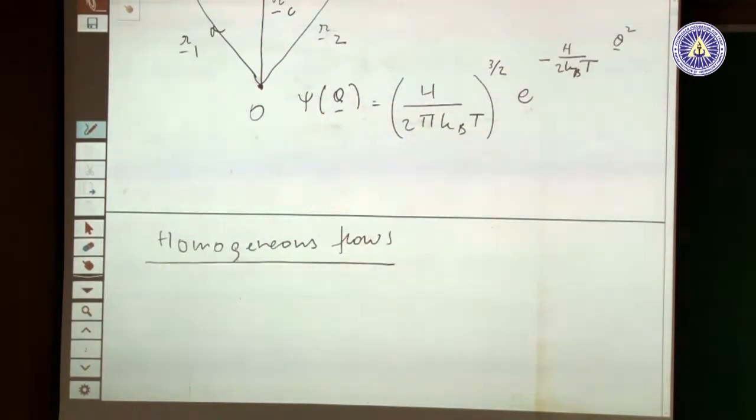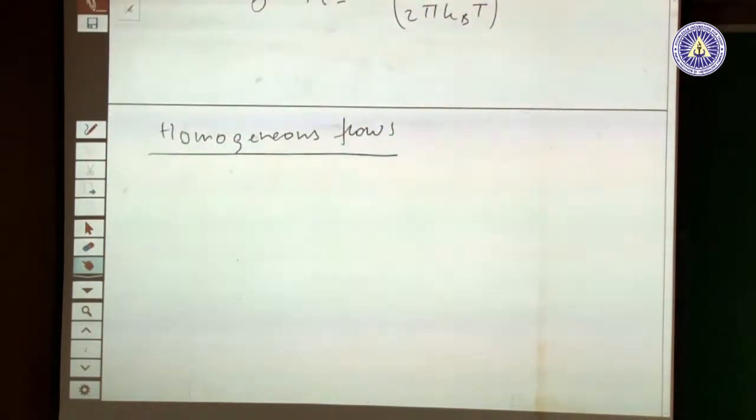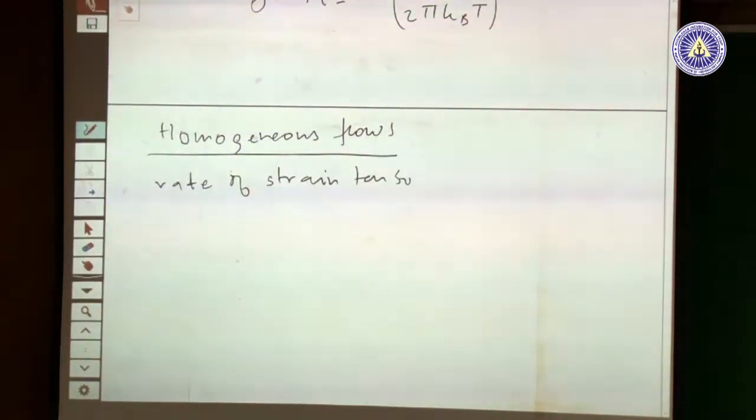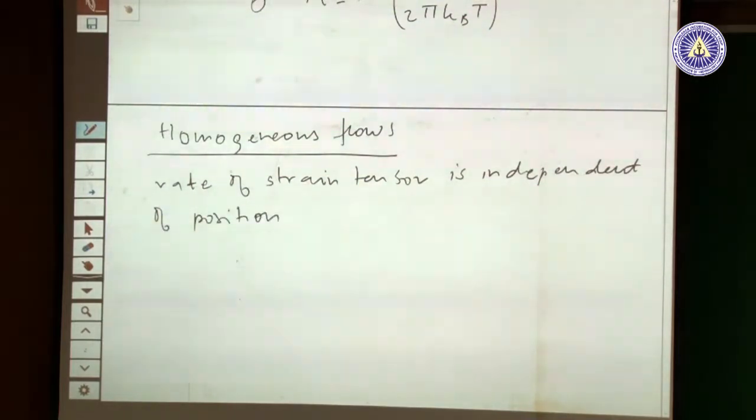And these are flows where the rate of strain tensor is independent of position. In other words, it's the same wherever you are in the flow field. Okay. Examples include simple shear flow, extensional flow, and so on.